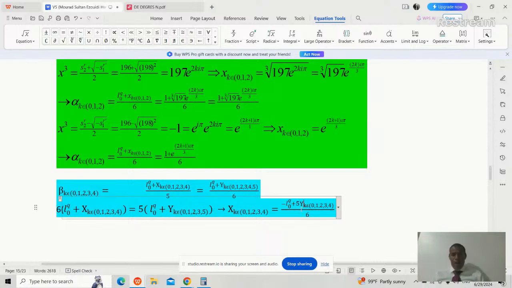Now xk for k from 0 to 1 to 3 and 4. Here you should eliminate something. We said you should eliminate, learners, when k equals 1, because it gives you minus 1, and the value of the root will be 1 minus 1, which is 0, divided by 6 is 0.